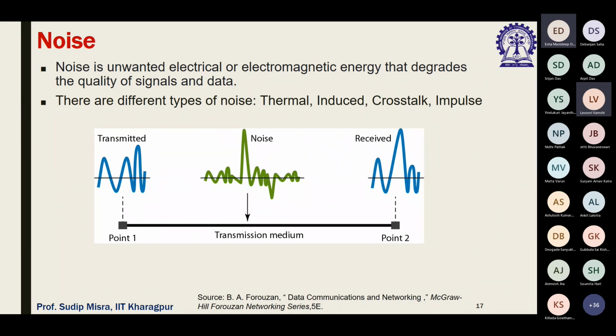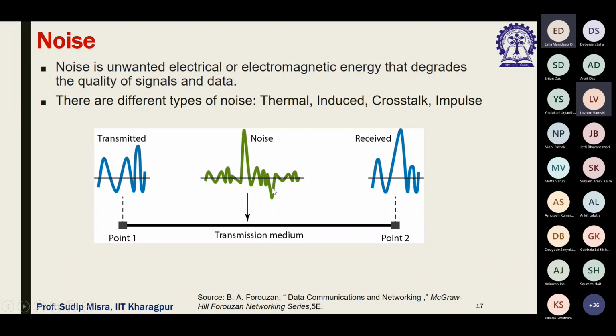So it is unwanted electrical or electromagnetic energy, right? You have some additional energy due to the presence of some other medium, some electromagnetic device or whatever. If you have a transmitted signal passing through the medium in this manner, the noise comes in as a signal.